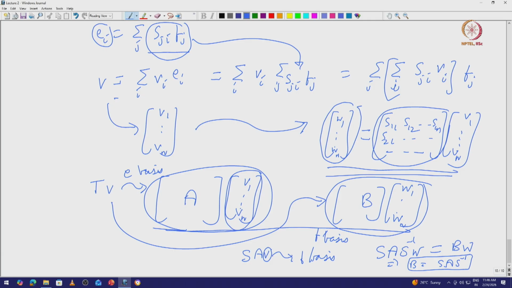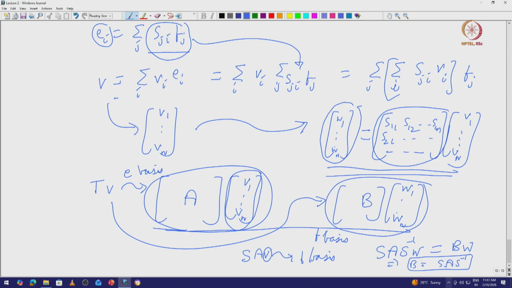If you change your basis, the matrix will change by S A S inverse for some invertible matrix S. What is an invertible matrix?